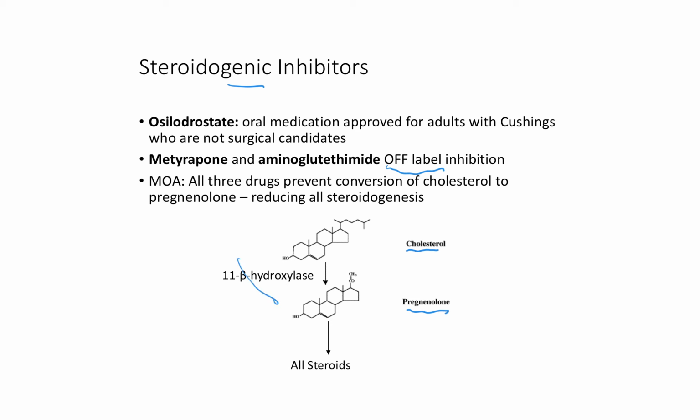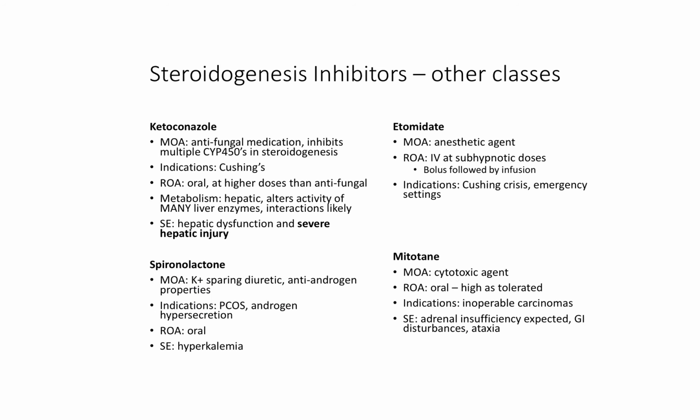So if you block activity of this enzyme, you're going to block all steroidogenesis. All three of those drugs are working in that same type of mechanism. Only one is FDA approved. Metyrapone and aminoglutethimide are off-label, but still show efficaciousness for blocking steroidogenesis.